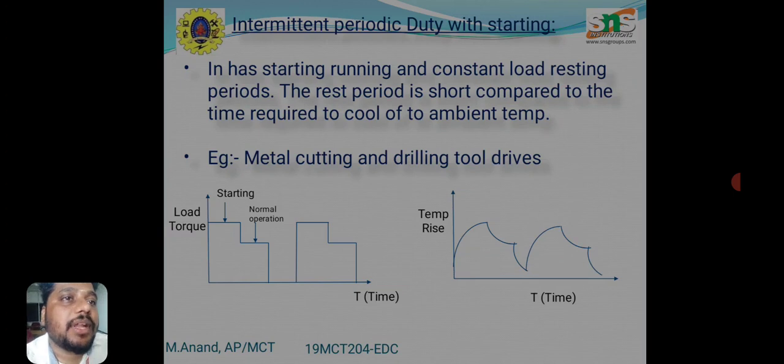And then intermittent periodic duty with starting has starting, running, and constant load resting periods. The rest period is short compared to the time required to cool off to ambient temperature. The best examples are metal cutting and drilling tool drives.